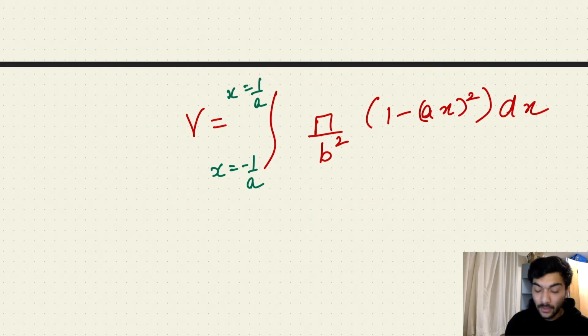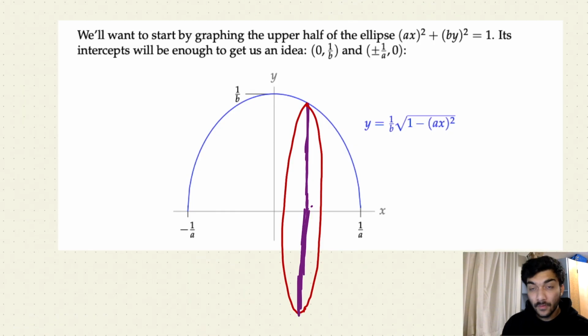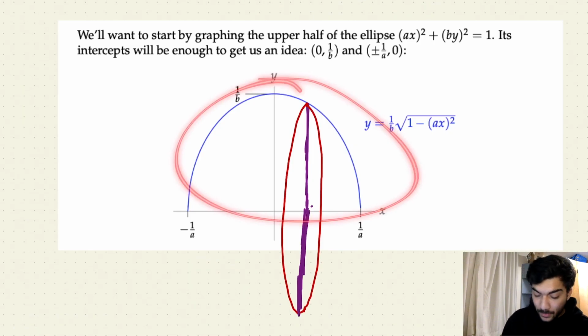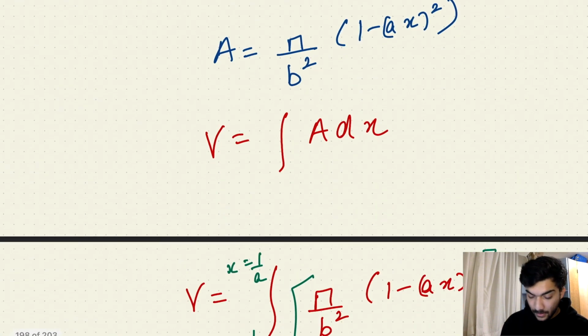And this would be your final definite integral in this case. If you integrate this definite integral, you'll get the volume formed by rotating the upper half of the ellipse about the x-axis in this case.